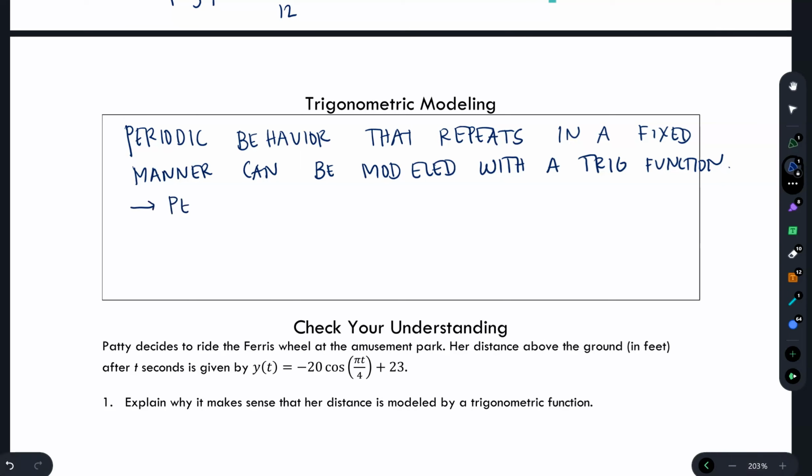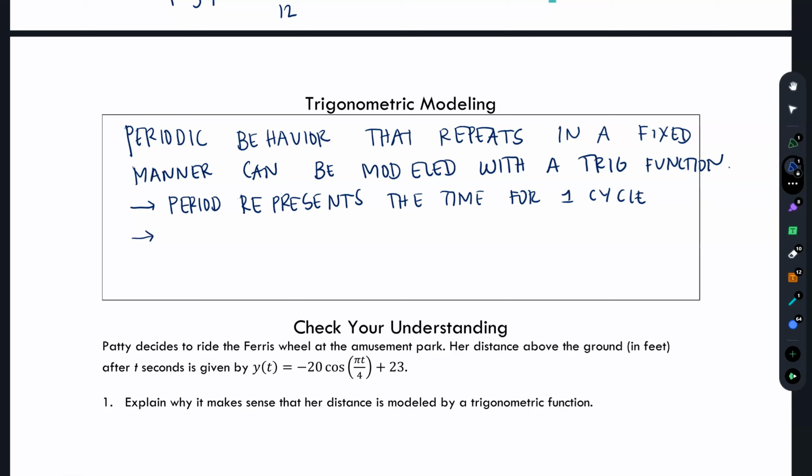So the period represents the time for one cycle. Like a Ferris wheel problem is a periodic behavior because I keep going around and around like the Ferris wheel.